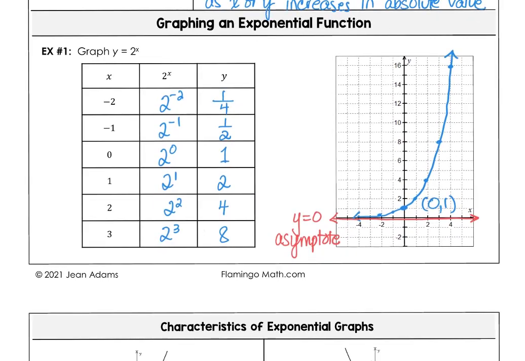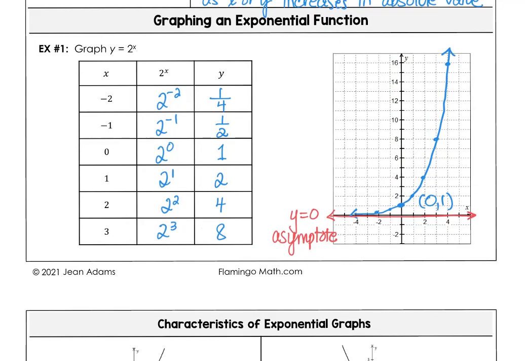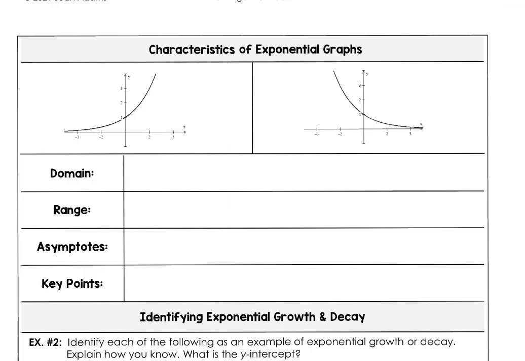So by that, I'm talking about if y increases by absolute value, you see as we go left, y is increasing in absolute value. So if we're way out here at negative 1,000, the asymptote is going to be at 0, based on 2 to the negative 1,000 power would be a value very close to 0.